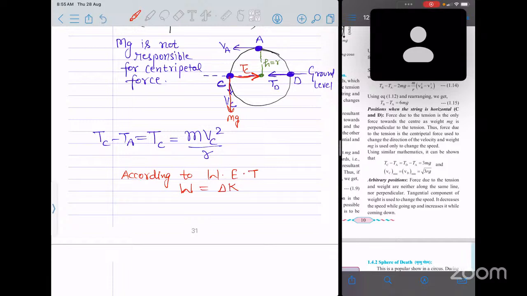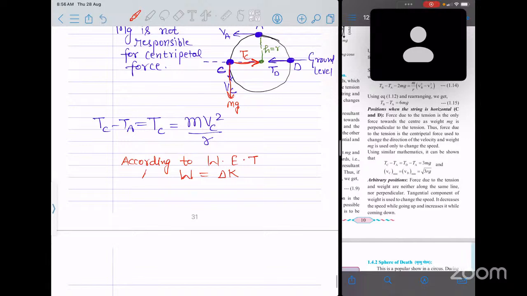And let me tell it again, gravitational force is a conservative force, so the path of the object doesn't matter. It doesn't matter whether the object comes along the circular arc or directly downward in the vertical direction. In both cases, work done between point A and point C by the gravitational force will be exactly the same, and that will be equal to the change in potential energy.